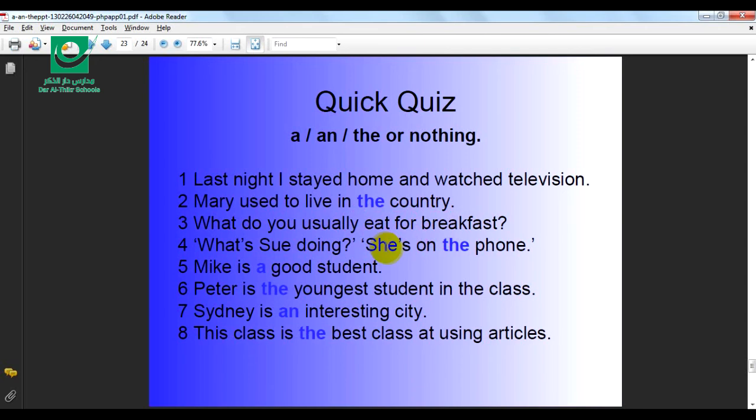Number 4. She's on the phone. Number 5. Mike, without any article, is a good student. Number 6. Peter is the youngest student in the class. Number 7. Sydney is an interesting city. And number 8, the last one: this class is the best class at using articles.